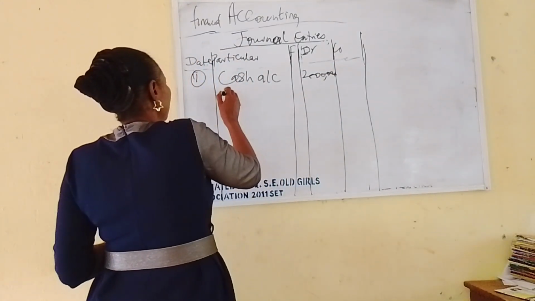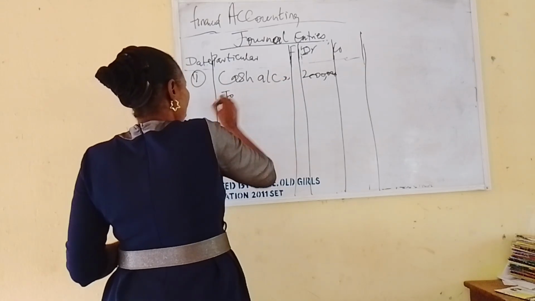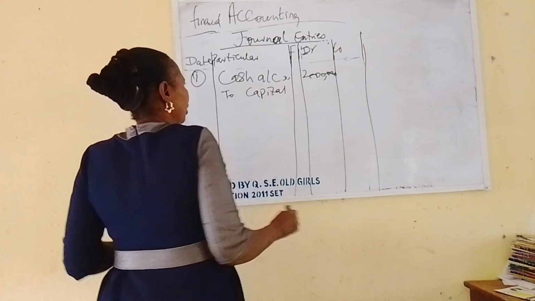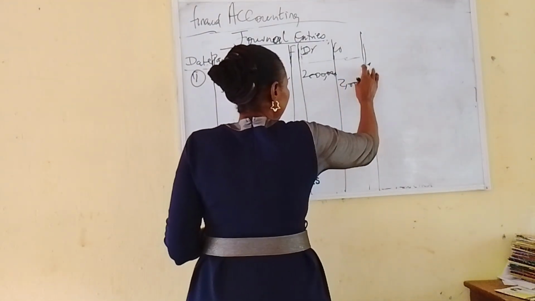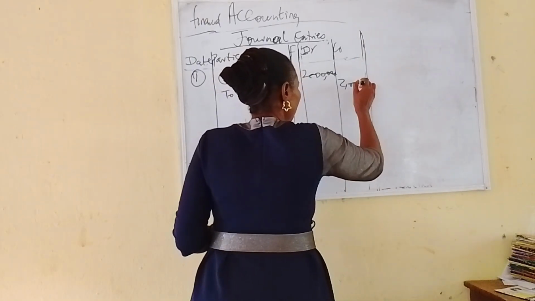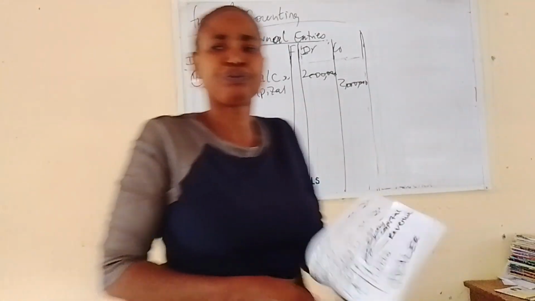Cash account debit. To capital, 2 million naira.